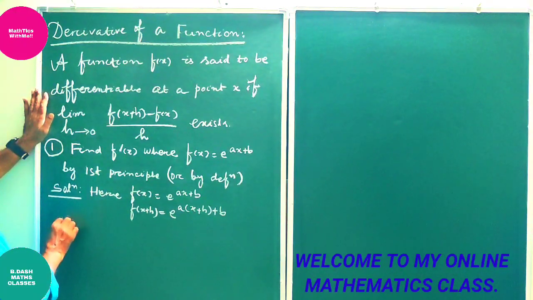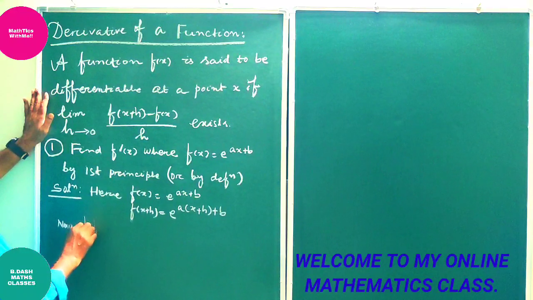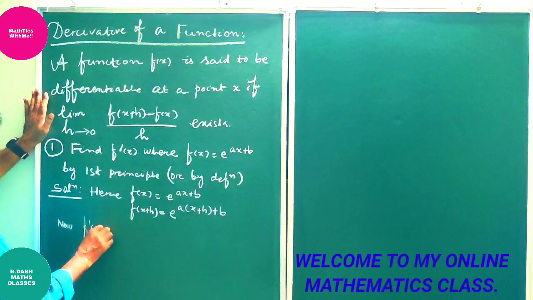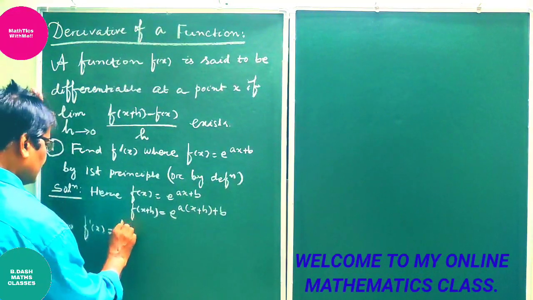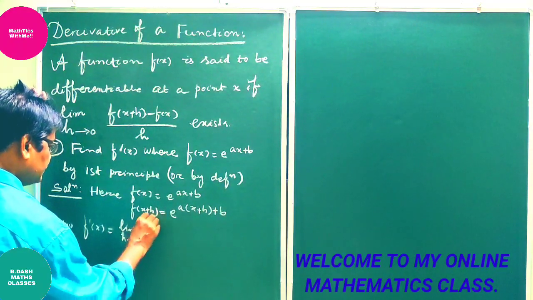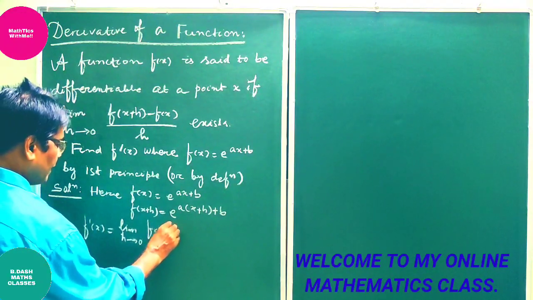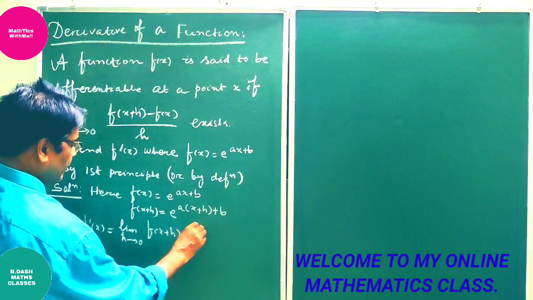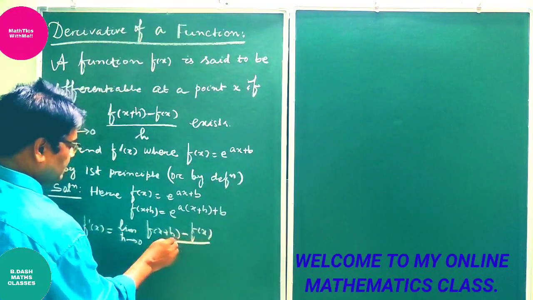Now f dash of x is equal to limit h tends to 0 f of x plus h minus f of x by h.